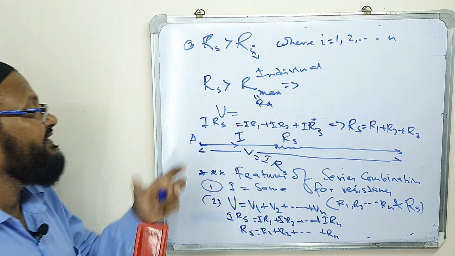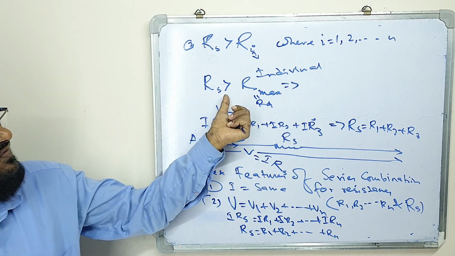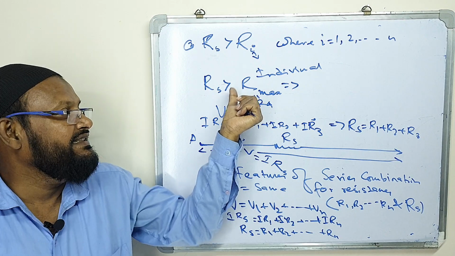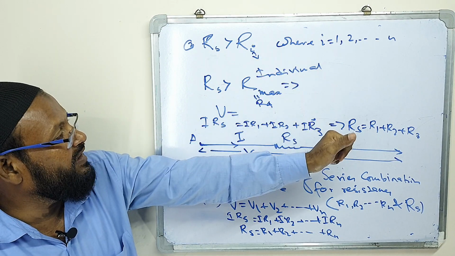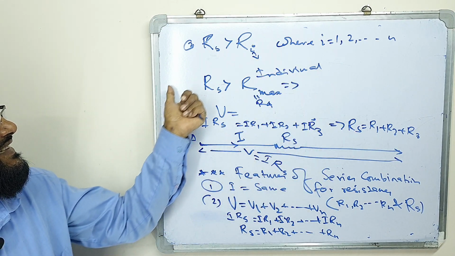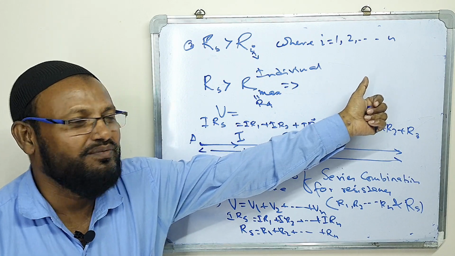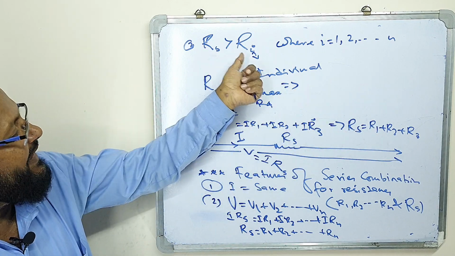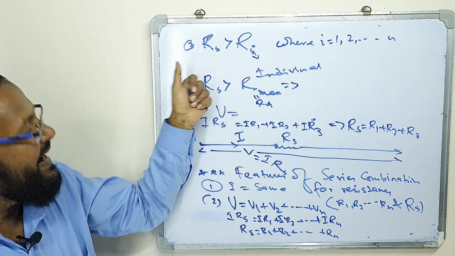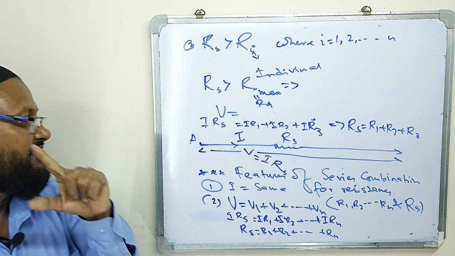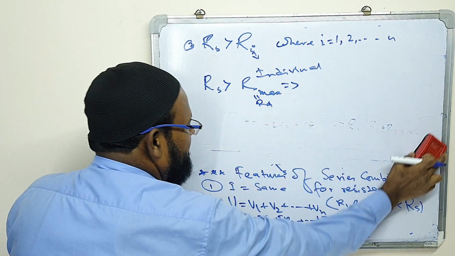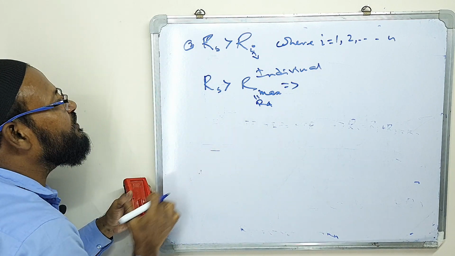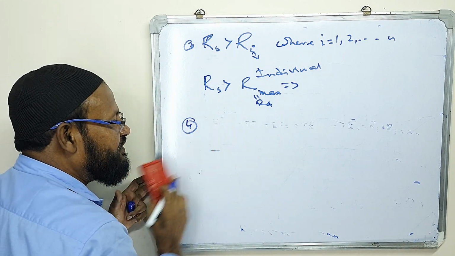Sir, equivalent resistance in case of series combination is greater than the maximum resistance in the series. For any resistance it is greater, and for the maximum resistance it is greater. This is third. What is the fourth part? This is very, very important.